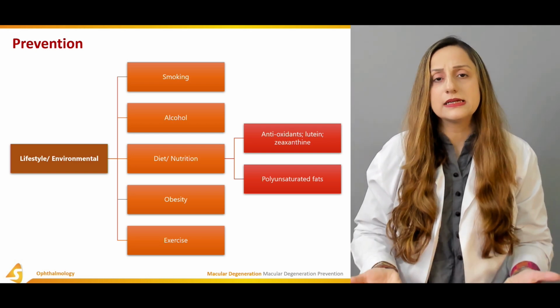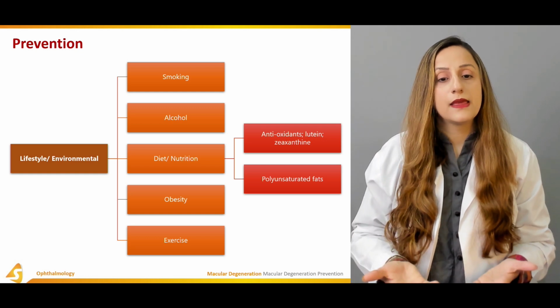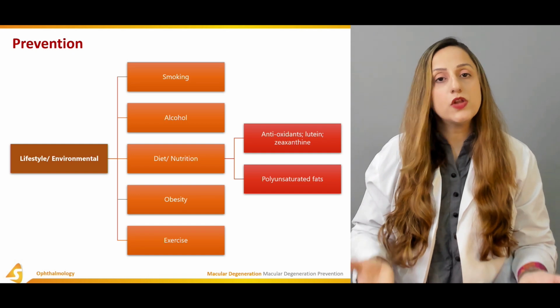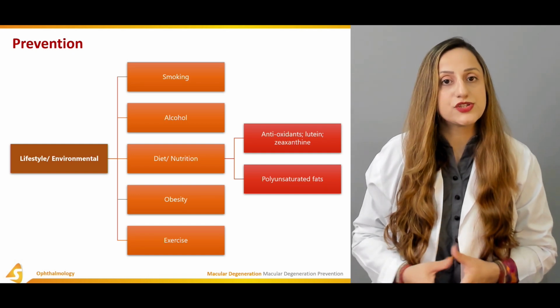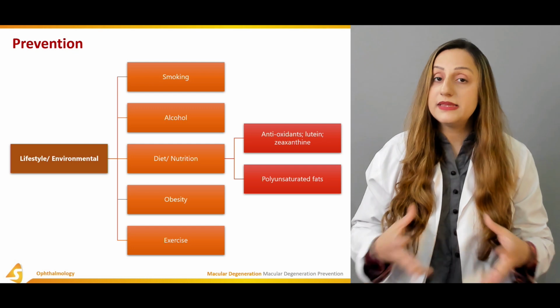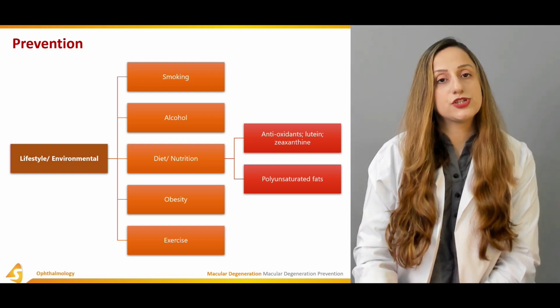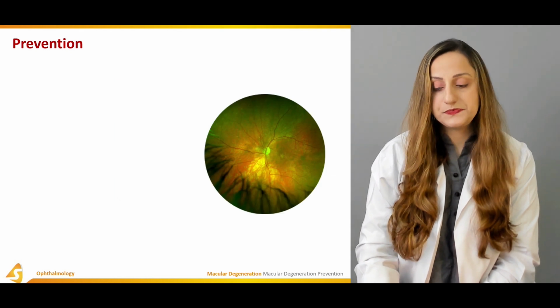It can be a light exercise that can be devised. Quitting smoking, quitting alcohol, all of these easy, healthy lifestyle modifications can slow down the progression of AMD in the patient.